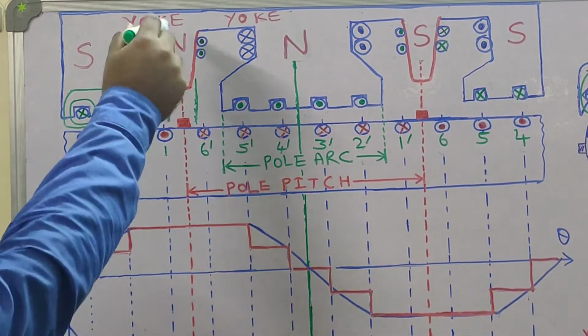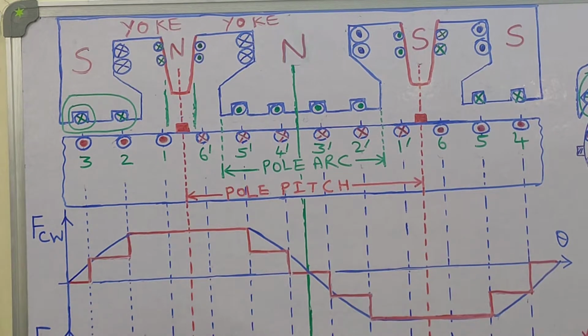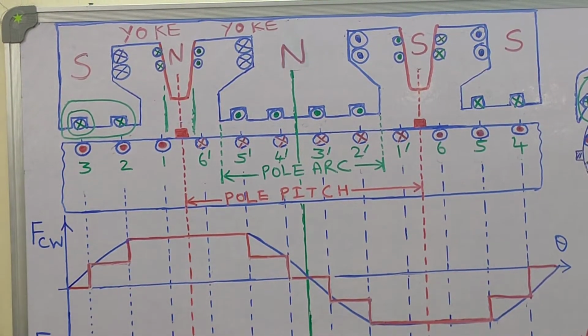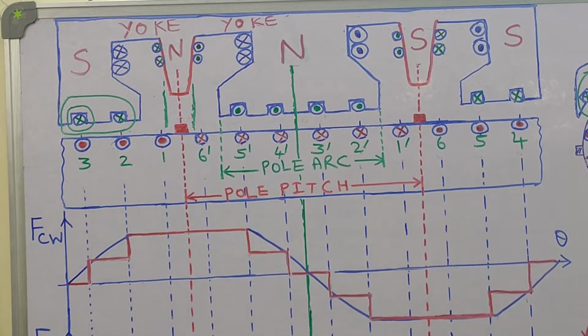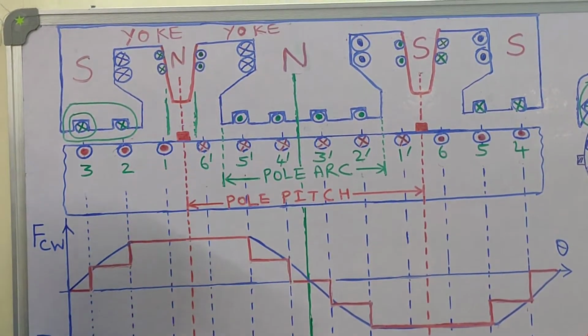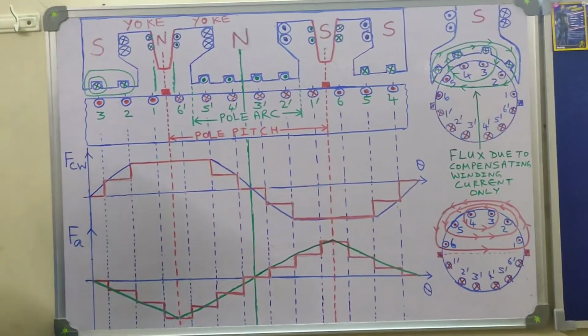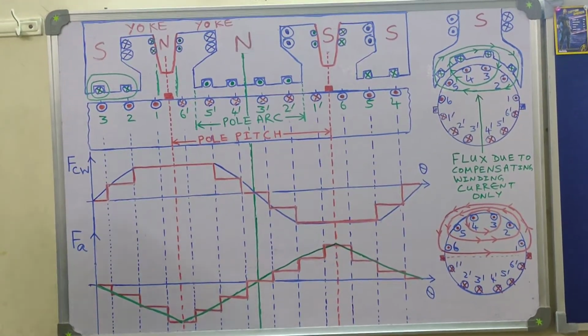So interpoles are effective only along the commutation zone. That means the armature MMF is going to be cancelled only along the interpolar region by the interpoles. These interpoles are sometimes also known as compoles or commutating poles.